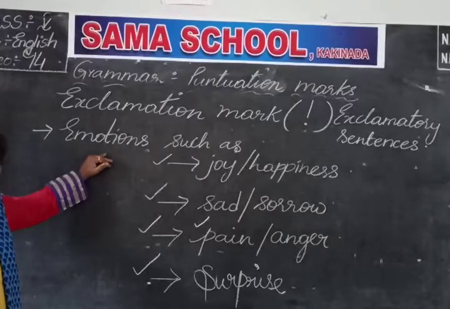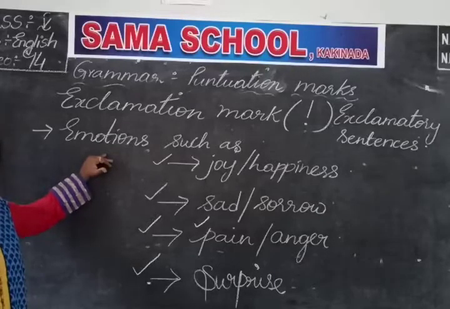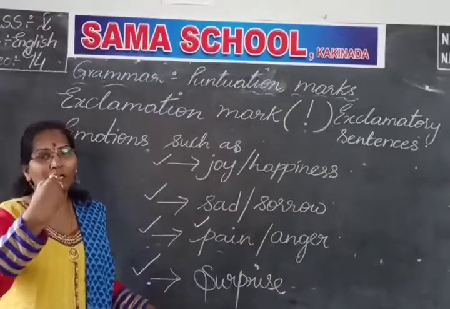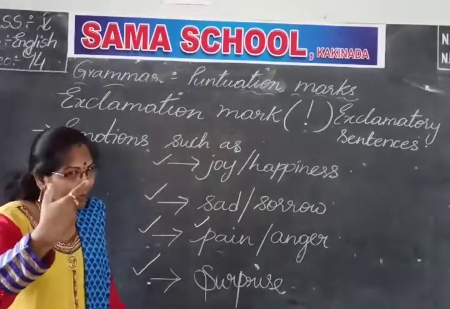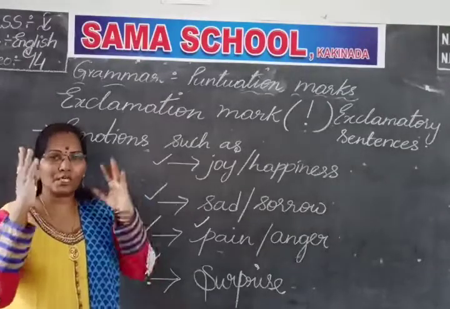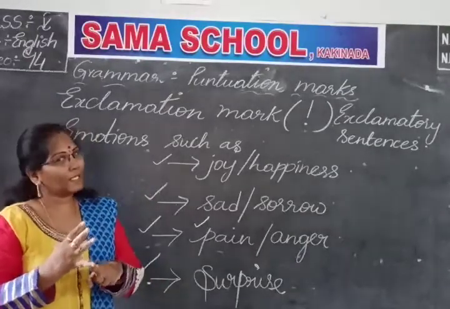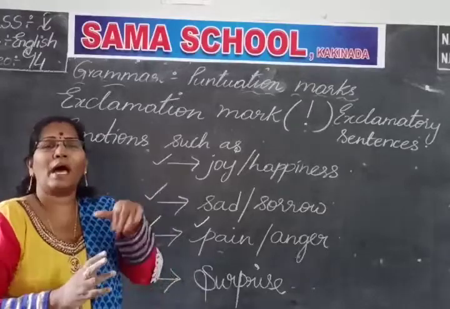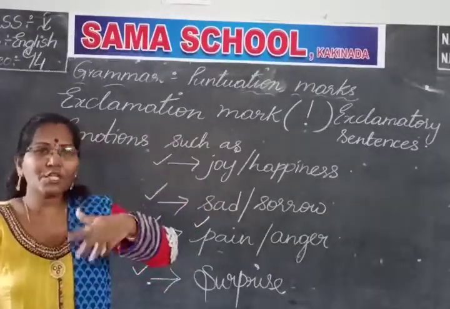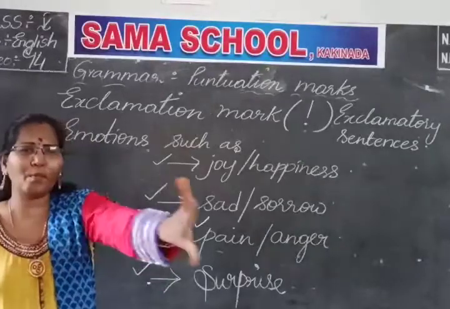Okay, children. So here all these are emotions, meaning a person's feeling. When we are joyful, when we are happy, our face will show it. Our face will show clearly the gestures of your body, isn't it? Your happiness, your smile, everything will show, isn't it? With your facial expressions, no need of body language.